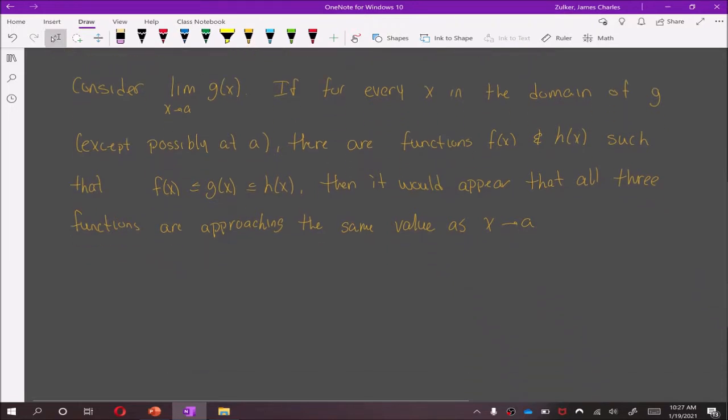So the idea here is if we look at the graph, so let's go ahead and sketch a graph. Let's say this is our value a here. Let's make this function our g of x here.